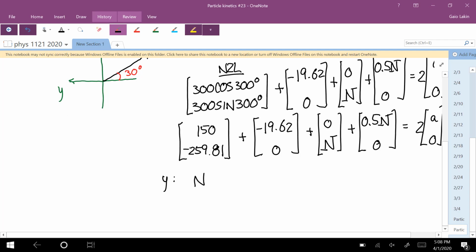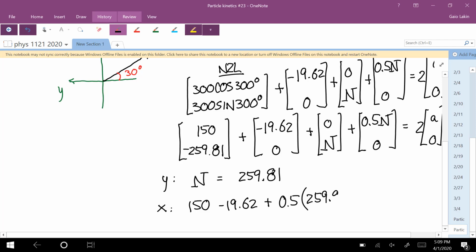So the y equation ends up telling us N is equal to 259.81. And that means that the x equation says 150 minus 19.62 plus 0.5 times 259.81 is equal to 2a.